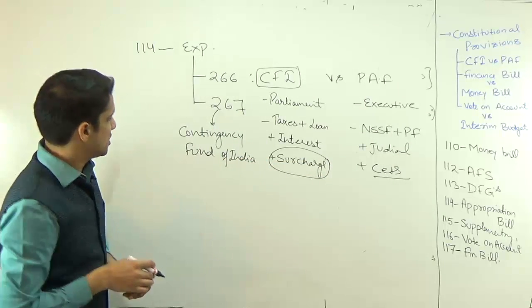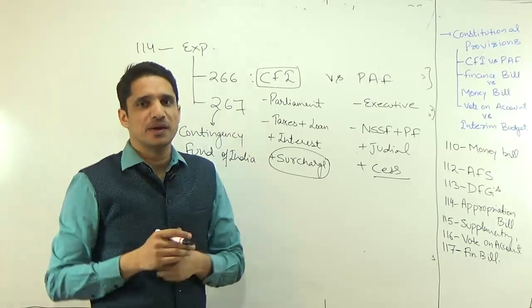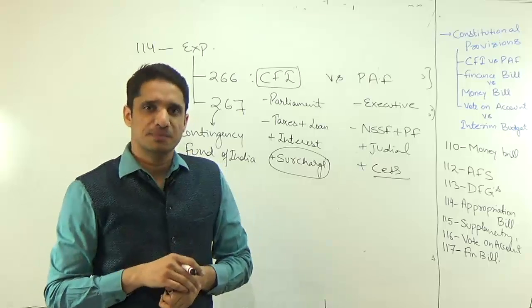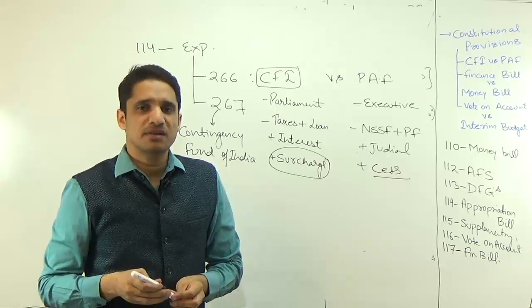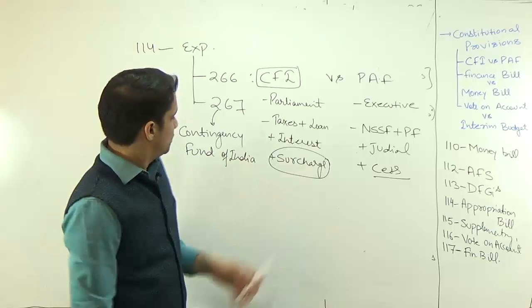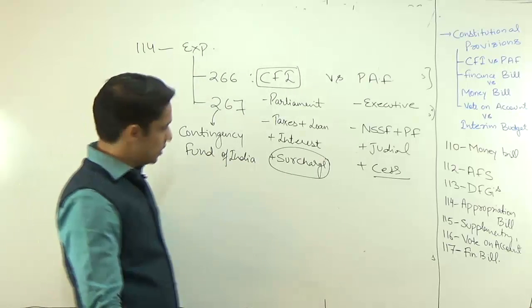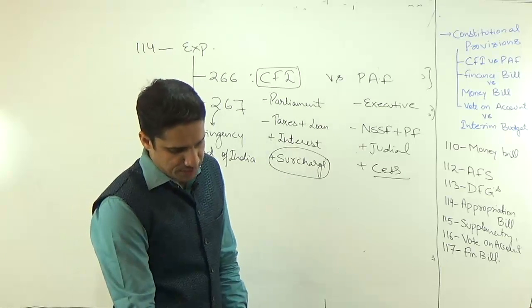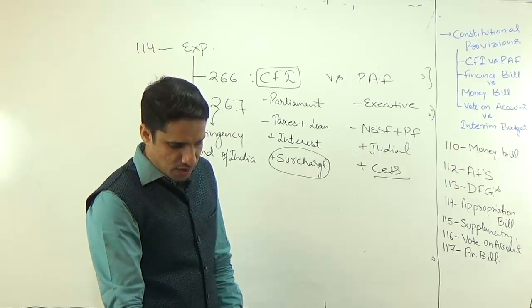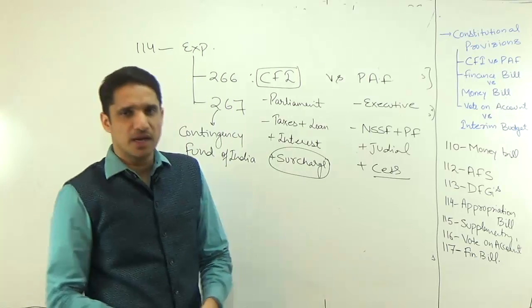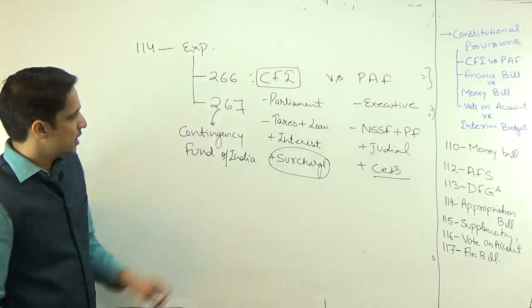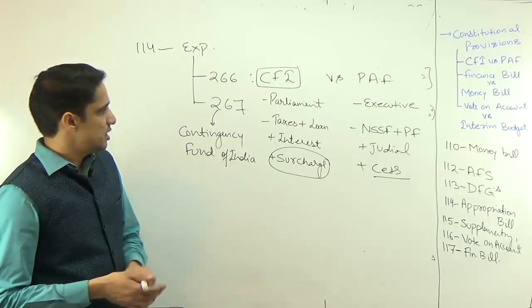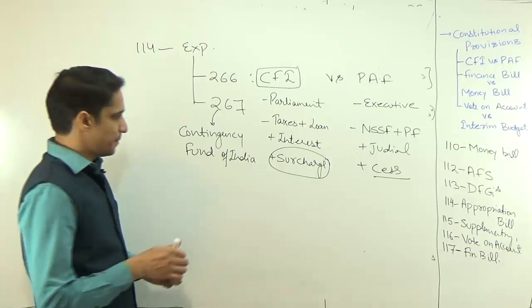And 267 is the Contingency Fund of India, which is in the hands of the President and being maintained by the Finance Secretary. The value of this Contingency Fund of India is only 500 crore rupees. So 500 crore for contingency situations is in the hands of the President, and that type of account is known as the Contingency Fund of India.